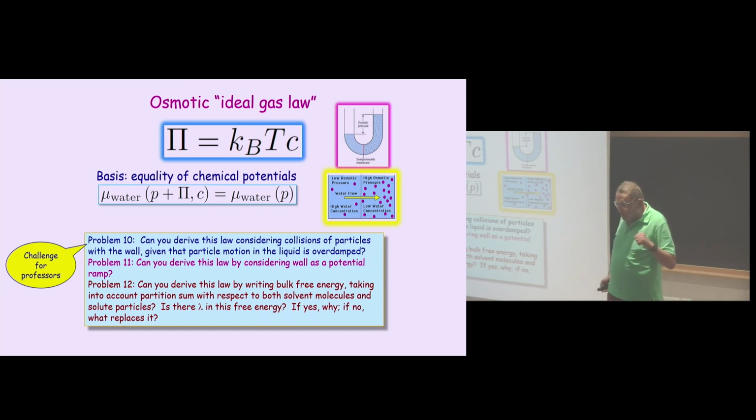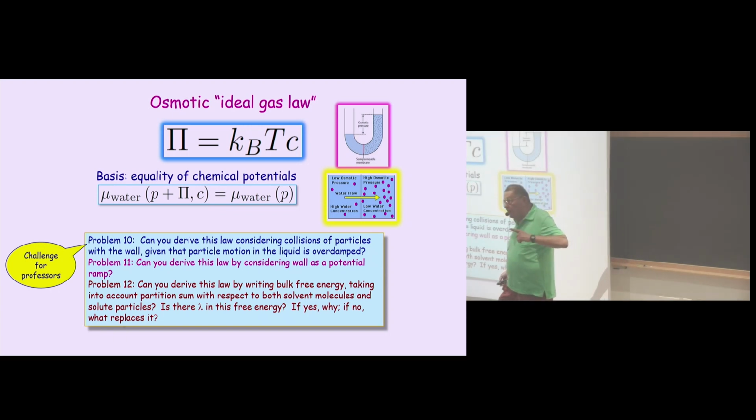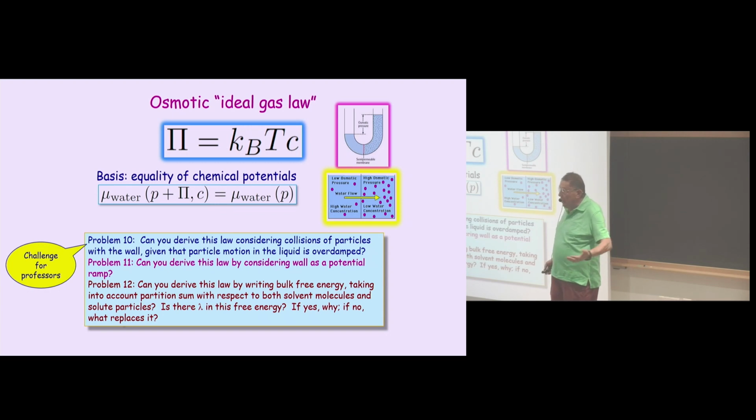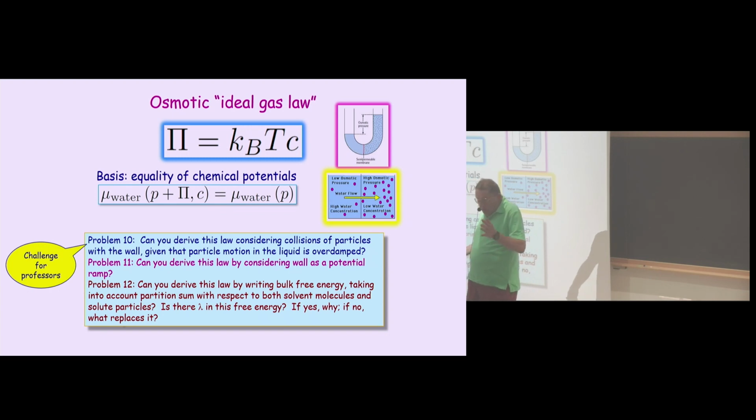Now I challenge you, and I emphasize that this is a challenge not only for students but for professors as well. So we know that the ideal gas law of a real ideal gas, where molecules move in a straight line, hit walls and get reflected, delivering momentum to the wall, you can derive kinetically by counting how many molecules, at which speed they move, and so on. Now your dissolved particles, they move like Brownian particles.